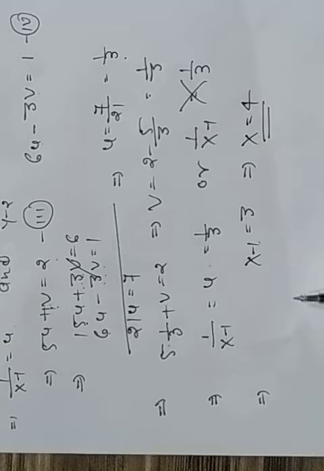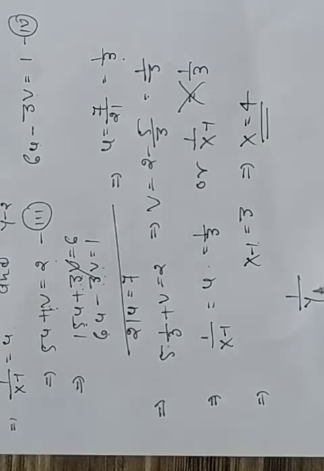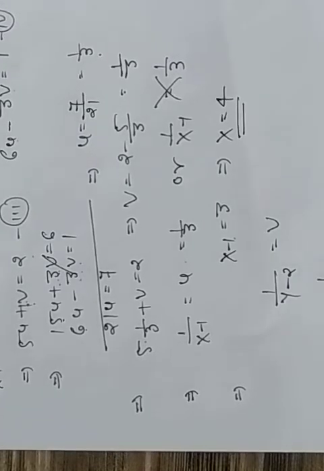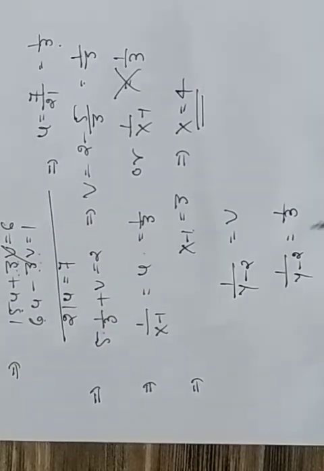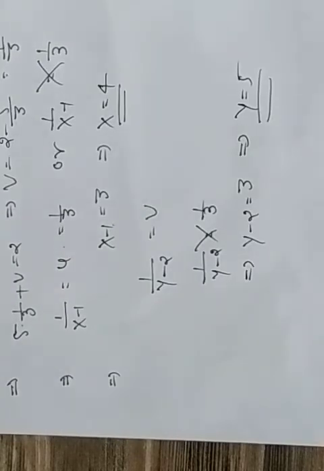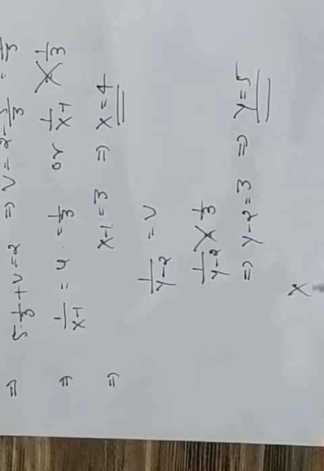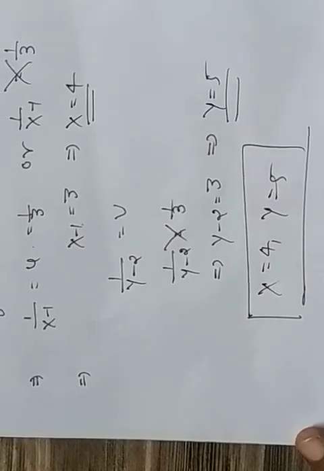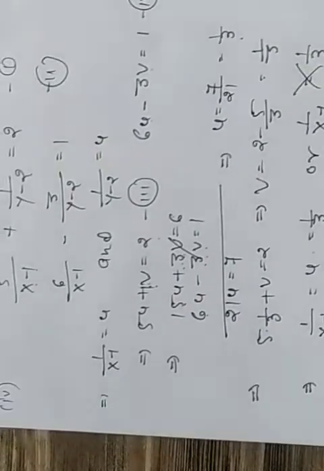And the second time, when we write 1 upon y minus 2 is equal to v, and we put the value of v, again 1 by 3, then we get y minus 2 is equal to 3, which implies y is equal to 5. So students, finally we are getting x is equal to 4 and y is equal to 5. Please note down the solution of the fourth part of question number 1.